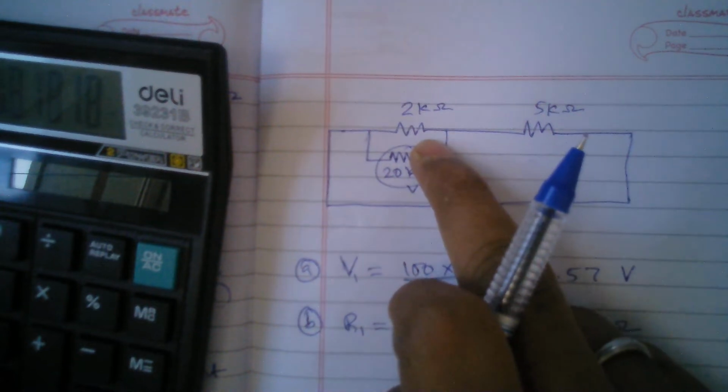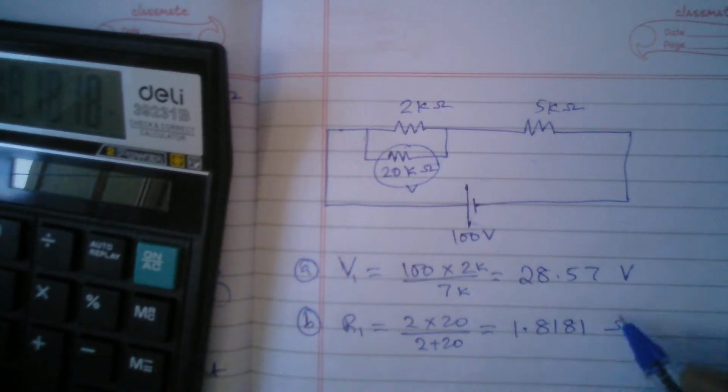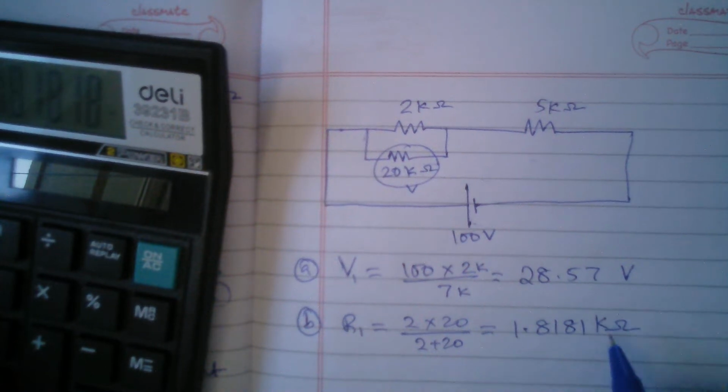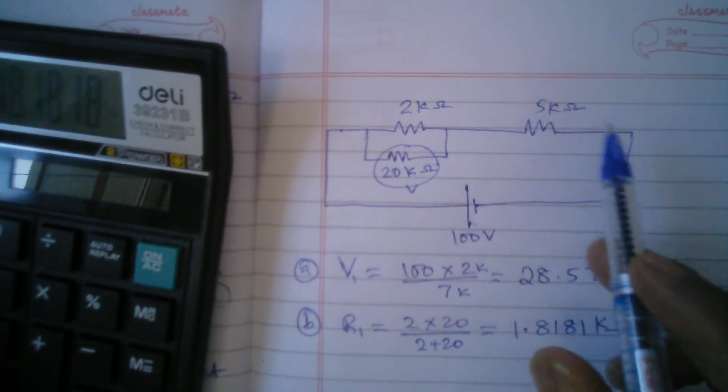Now this resistance will be in series with the 5 kilo ohm resistance. In the numerator two kilos are in the product and below one kilo is there, so only one kilo will remain. So the effective resistance will be 1.8181 plus 5.